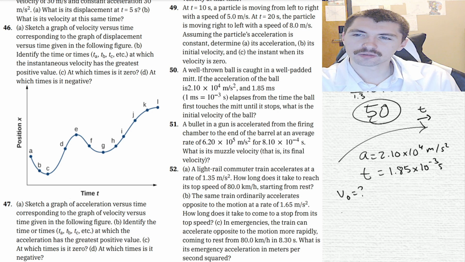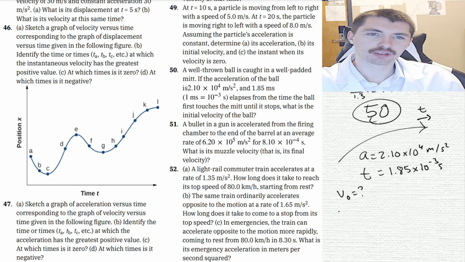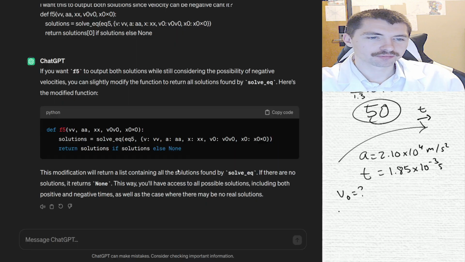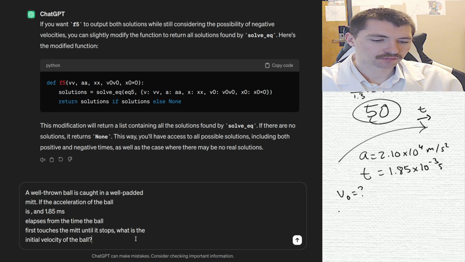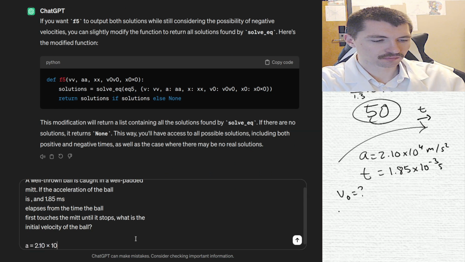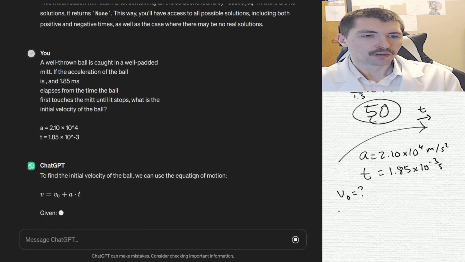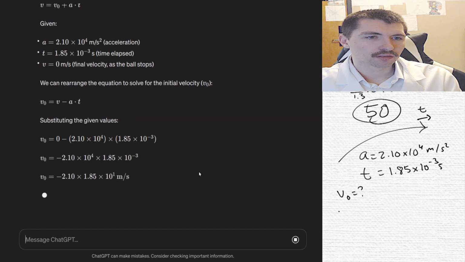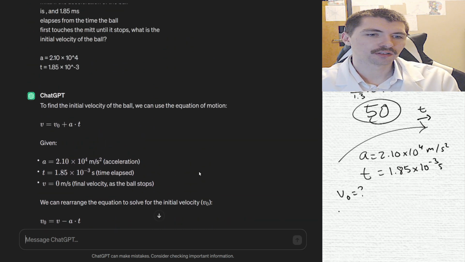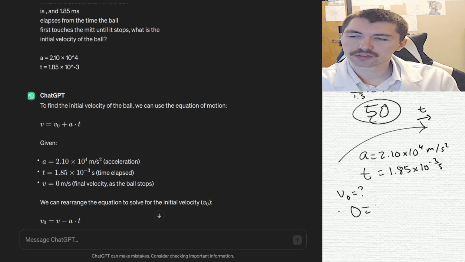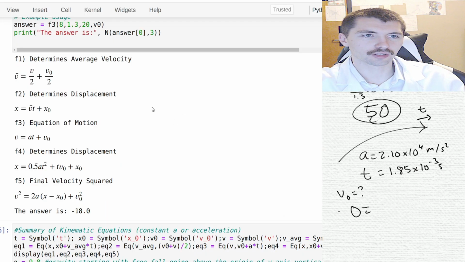Okay. All right. V is the velocity. What's it saying? 0 equals that times that equals V. Okay, so that's all I need to know.